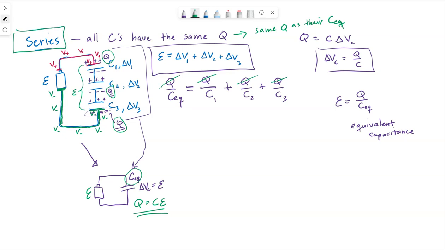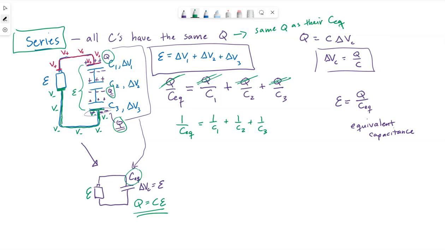That's why I can cancel Q out here, and that leaves me with a relationship that says 1 over C equivalent is equal to 1 over C1 plus 1 over C2 plus 1 over C3. If I had more capacitors in series, I would just continue adding 1 over C4 plus 1 over C5 plus, and just keep going for however many I had in series.